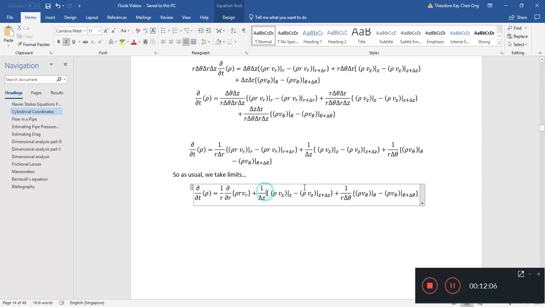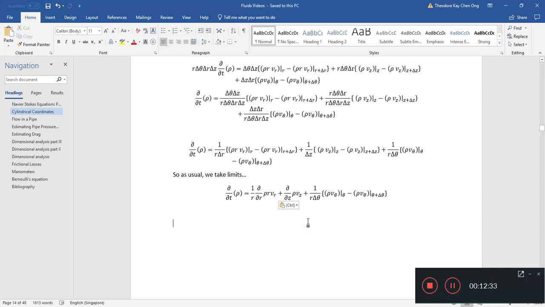Similar thing here, you just do a delta z. We take limits, making delta r, delta theta, and delta z tend to zero. So we'll just get this. I'll just put it this way. The last one will be this.